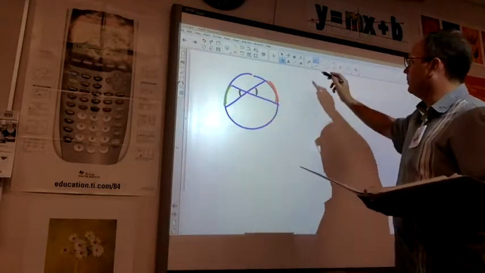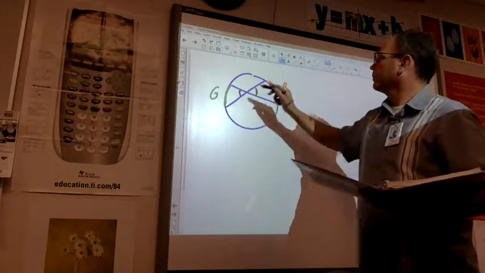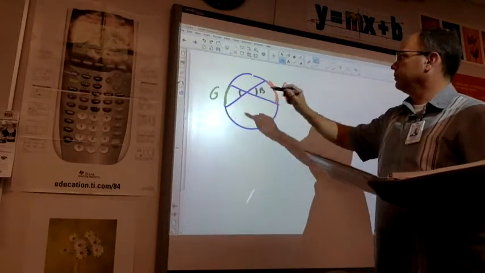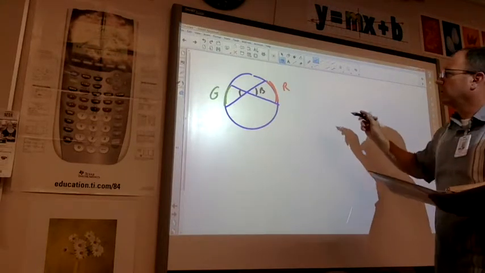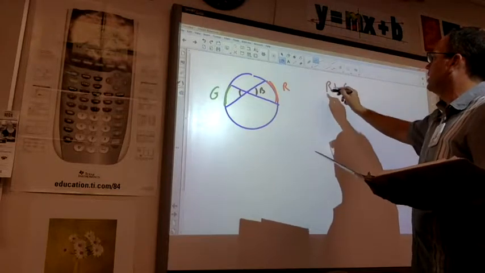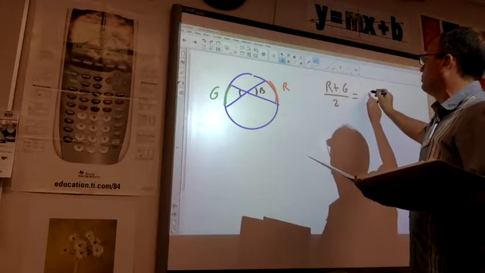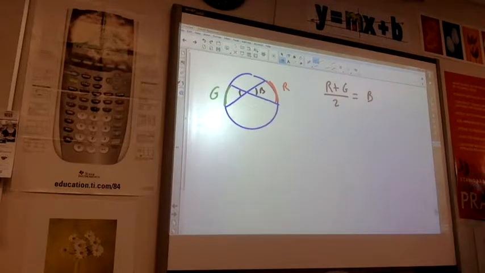So the general equations for this. Red, green, black. If the angle happens inside, you're going to go R plus G over 2 equals B. So it's plus inside.